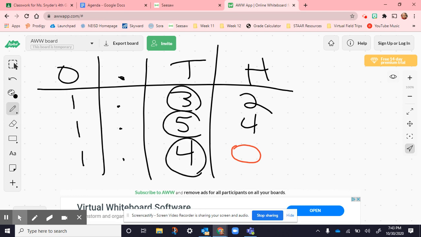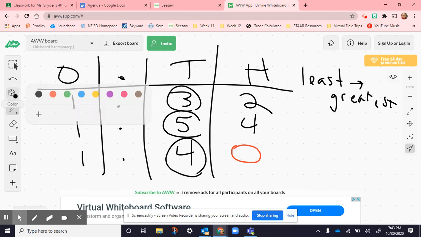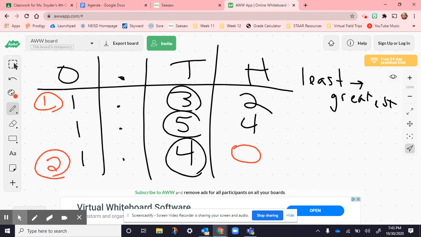If I want to go least to greatest, the smallest is going to be this first one, so this one right here would be my first. That's the smallest. Then 4 is the next smallest number, and 5 is my largest.